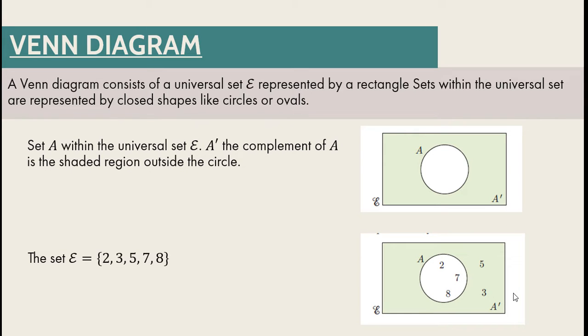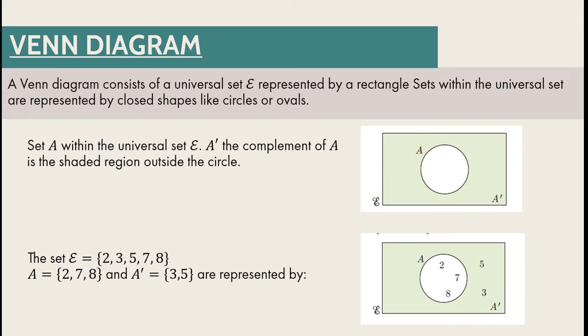And here we consider the universal set, the set of all things under consideration: 2, 3, 5, 7, and 8. Now we consider the set A: 2, 7, 8, and A prime is the elements that belong to E but not to A. They are represented in the diagram below.